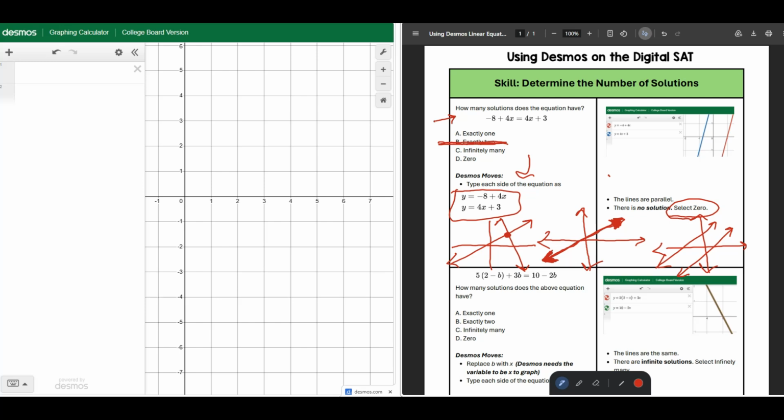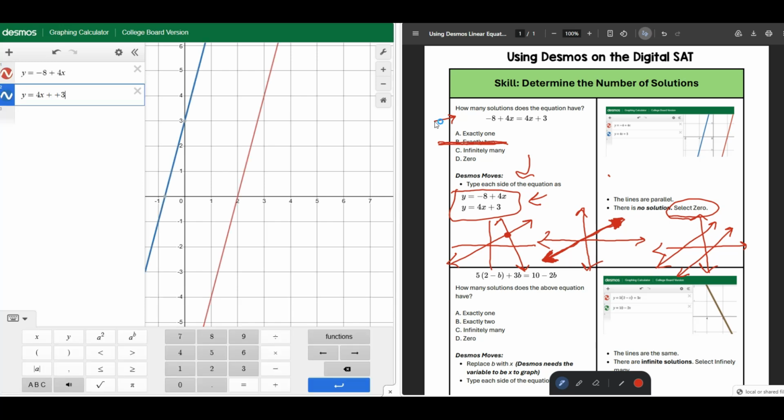All right, so grab your Desmos graphing calculator, and let's go ahead and type in the left side and the right side of this first equation to see what type of graph we're going to have. So take a moment, take care of that. Okay, once you have that graph, hopefully you see that you have a set of parallel lines.